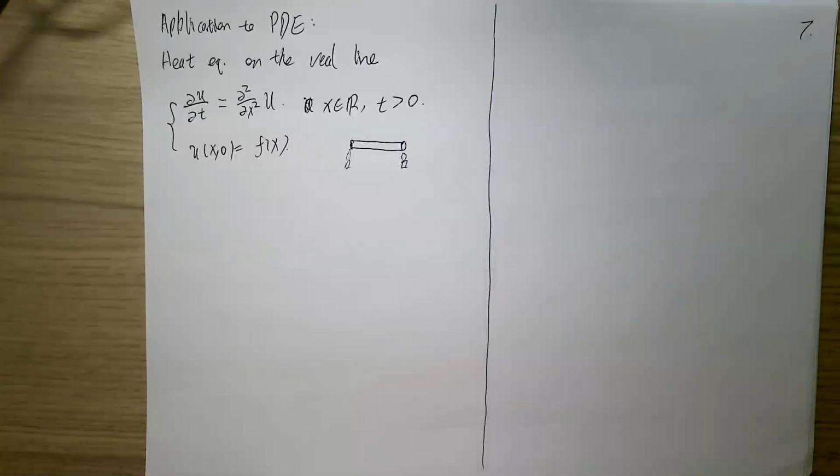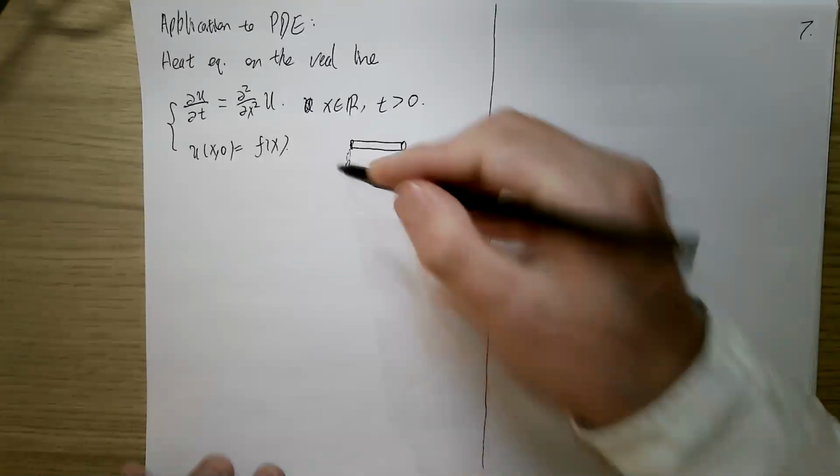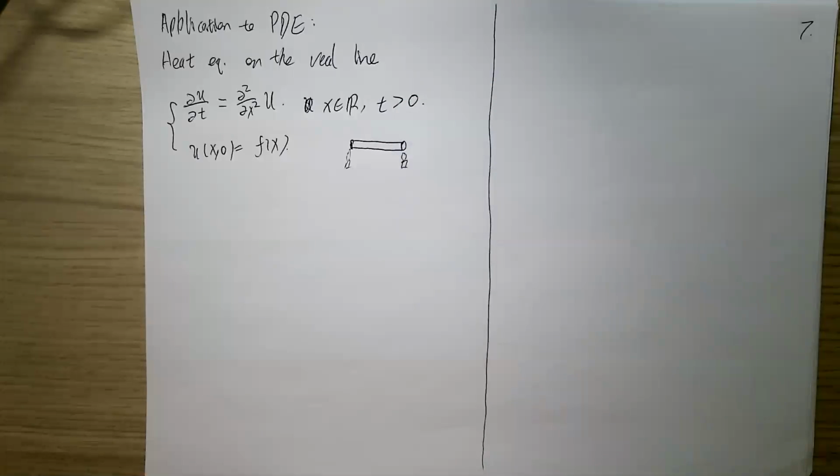So it should have X'' equals lambda times X, right? Then in this situation, X should be something like some cosine plus some sine, some kind of periodic function, because we're only interested in this bounded domain. So we can assume this function to be a periodic function.